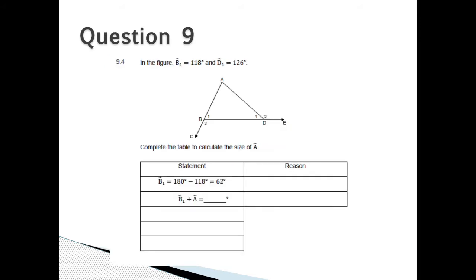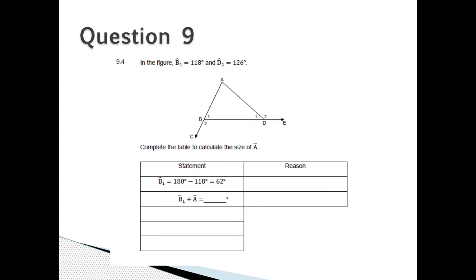In the figure, angle B2 is equal to 118 degrees and angle D2 is equal to 126 degrees. Complete the table to calculate the size of angle A. The statement is B1 is equal to 180 degrees minus 118 degrees, which is equal to 62 degrees.